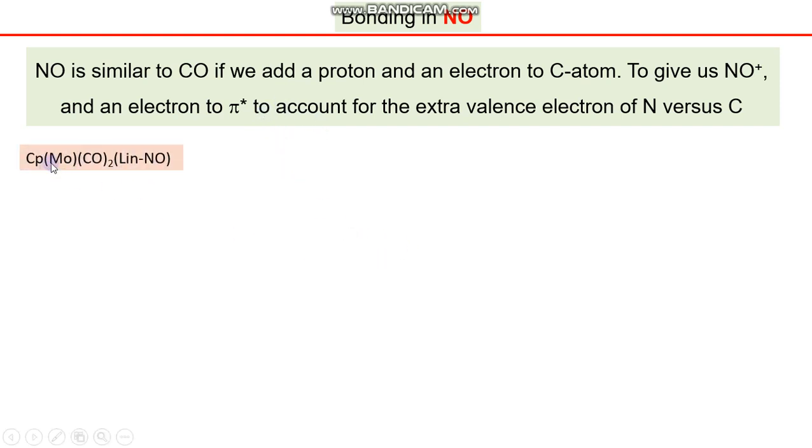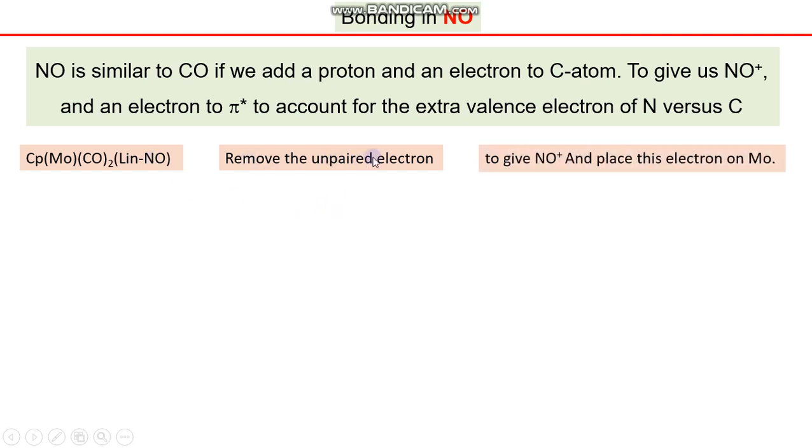Now, this is a molybdenum complex with cyclopentadiene and carbonyl ligands and a linear nitrosyl fragment. This fragment makes a bond with the metal, and the metal NO fragment is linear. So remove the unpaired electron from nitrosyl, because nitrosyl possesses two types of electrons. One is paired and the other one is unpaired, as we will explain later on.